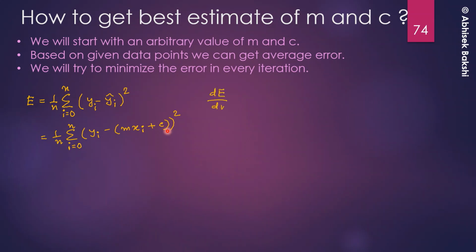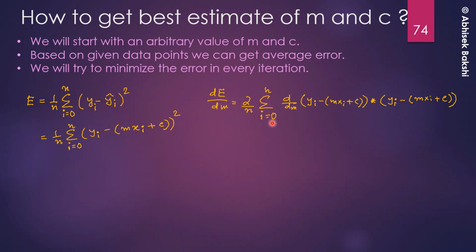So if I go for the derivation of error with respect to m, what will be the equation? Remember, I'm trying to make a derivative with respect to m. So in this equation, wherever m is present, it's very easy. We all know that we can use a simple multiplication rule over here. First of all, this 2 comes out, so it becomes 2 by n, summation of i equal to 0 to n, for all the i's.